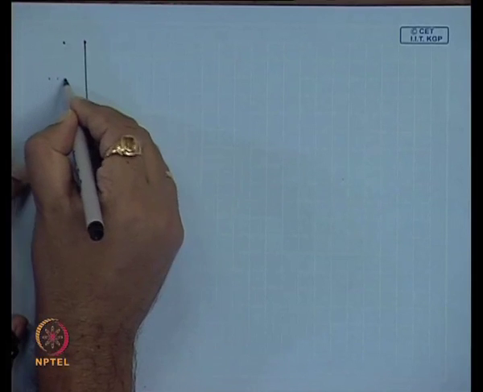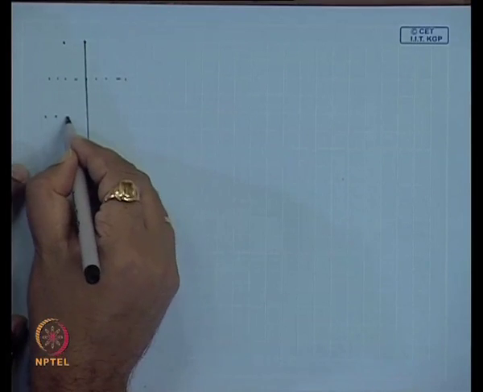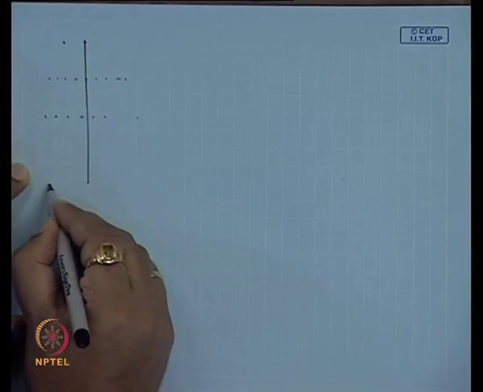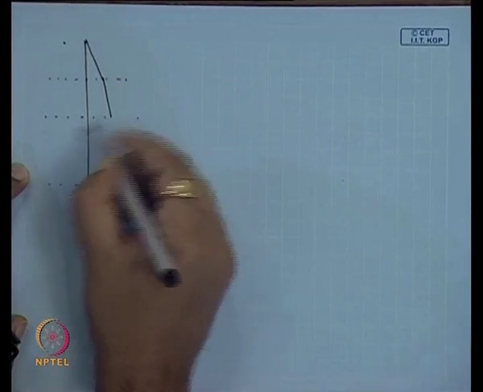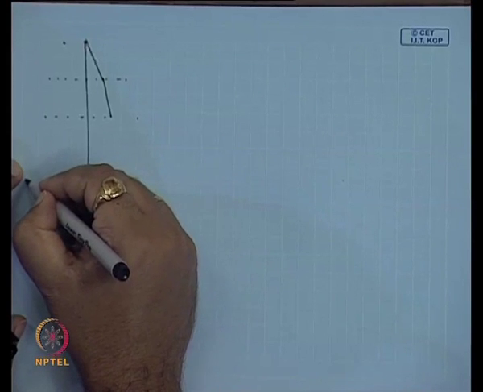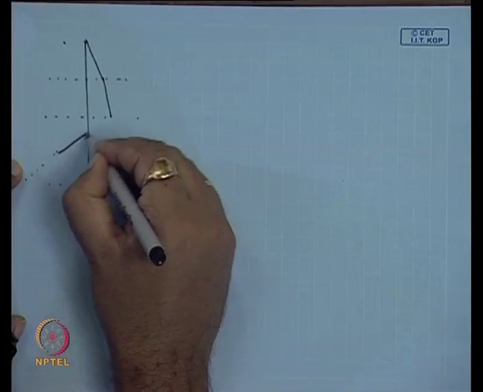So, this is water table level, this is dredge level, this is base level. So, these are the forces, here it is 0.